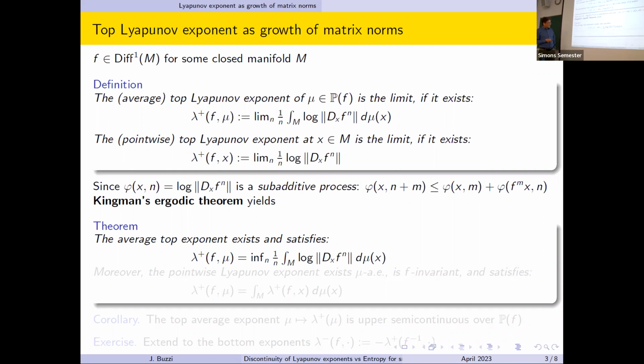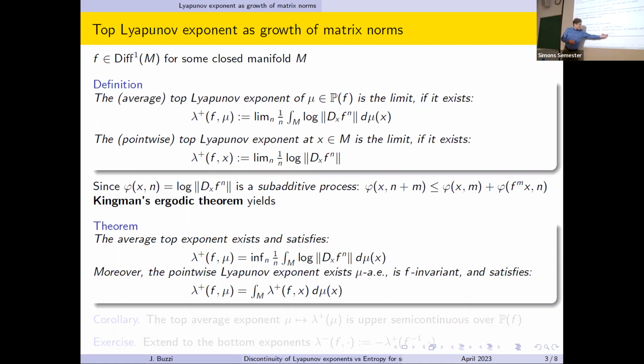And in fact, it is not only the limit when n goes to infinity of this average, but it is the infimum of these things. It's the average of the pointwise Lyapunov exponent, which exists. It's not at all clear that it exists; it usually does not exist everywhere, but by this ergodic theorem, it exists almost everywhere.